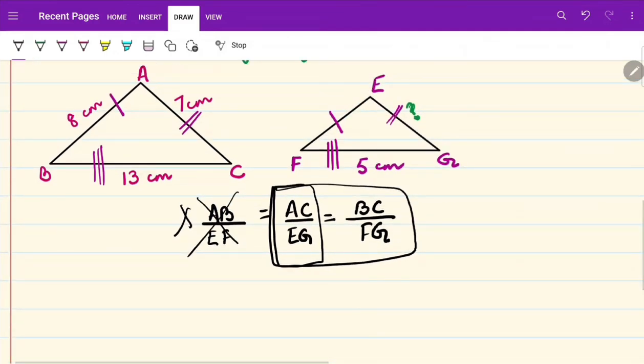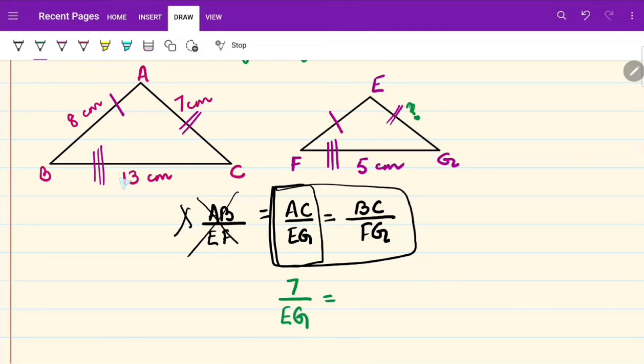AC is 7 centimeters, right? So I'm going to write 7 over EG. EG is what we need to find, so just keep it as EG because we don't know the value of that.